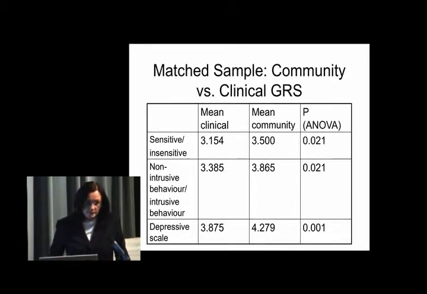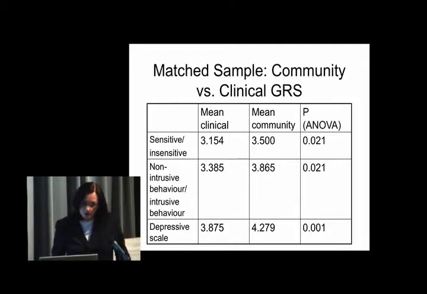Bear in mind that the way this interaction is rated is high scores are good. So when you look at maternal sensitivity here, the clinical sample is significantly less sensitive than the community sample. Similarly, with intrusive behavior, high scores are good, so the clinical sample is significantly more intrusive than the community sample.